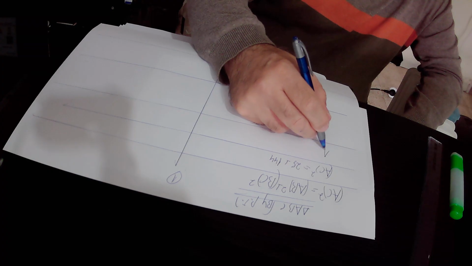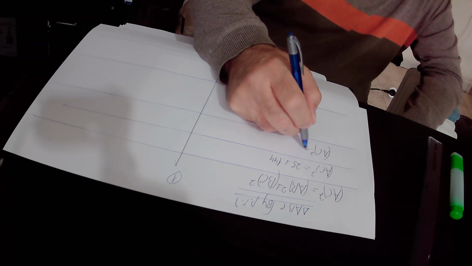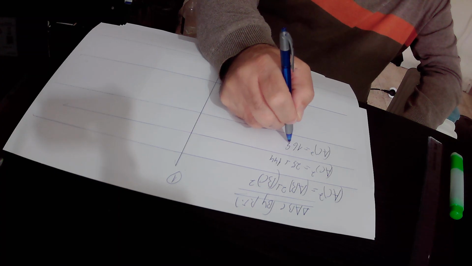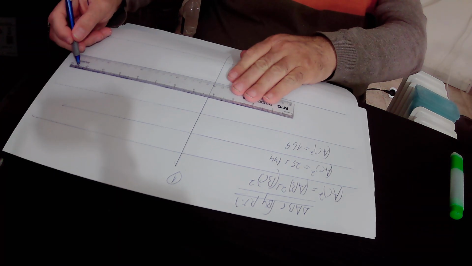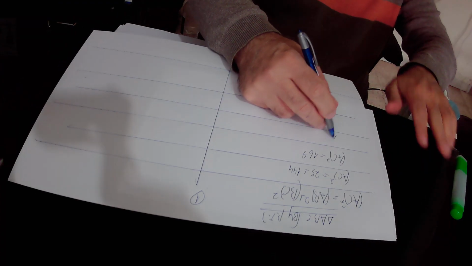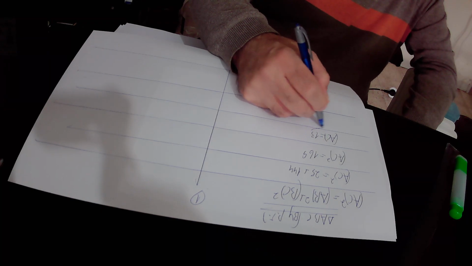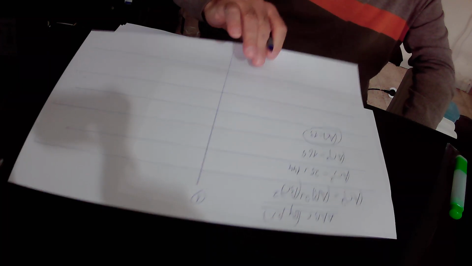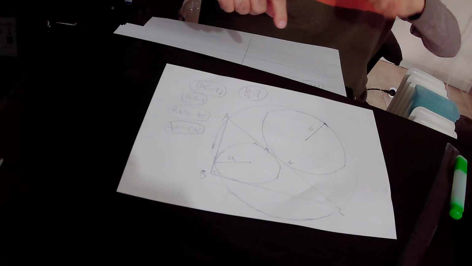So AC square equals 25 plus 144, that is 169. We take a root out of this equation, and we get that AC equals the square root of 169, that is 13.